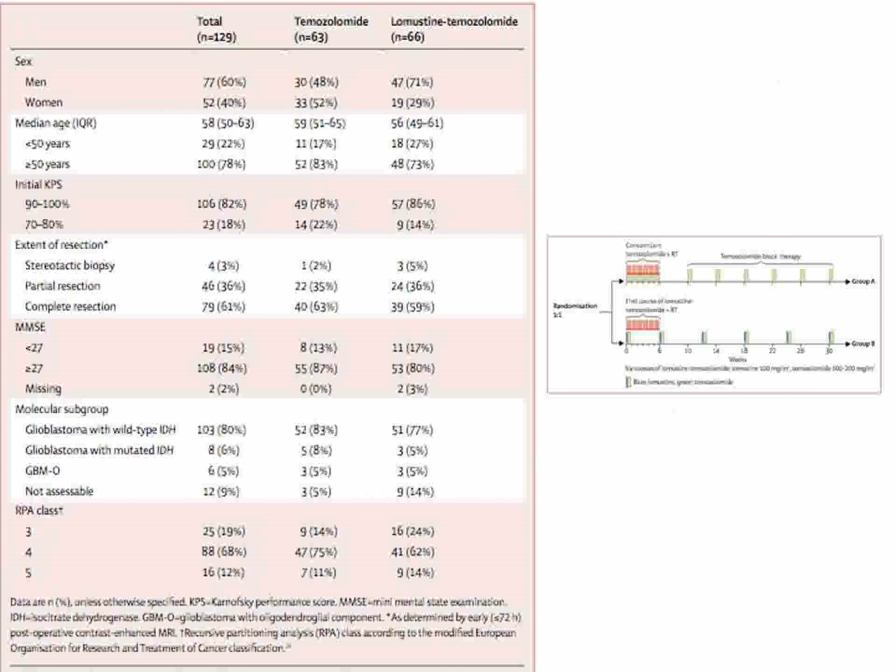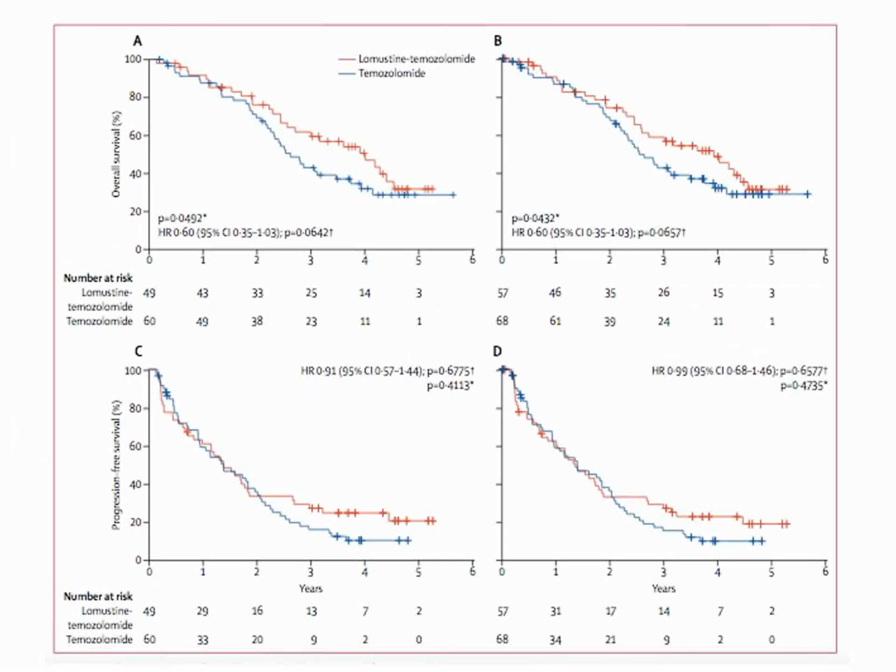So here's the trial, here's the randomization schedule, here are the patients, and this is 63 or 66 in the two groups, one alkylator or two alkylators, and the radiation was applied here generally to both groups, and whether or not they got resections.